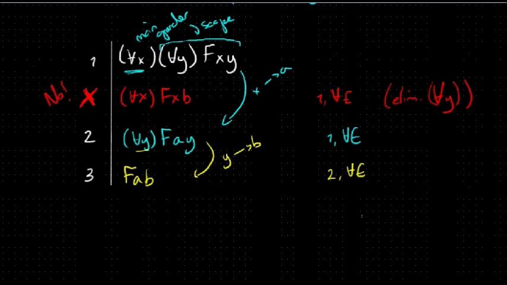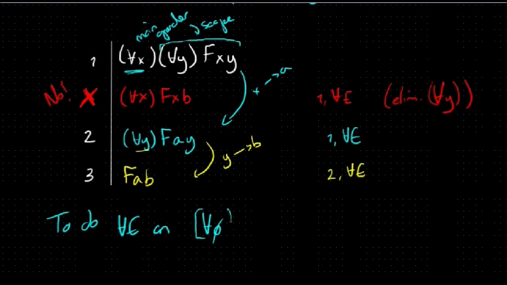So let's write that down here. To do universal elimination on, let's say, AX phi, AX must be the main operator.